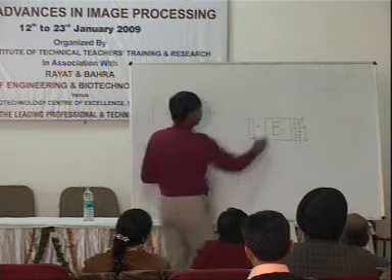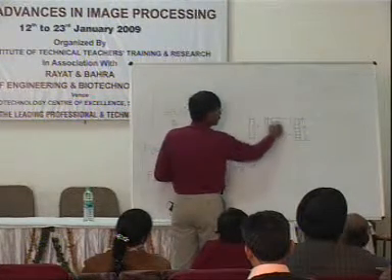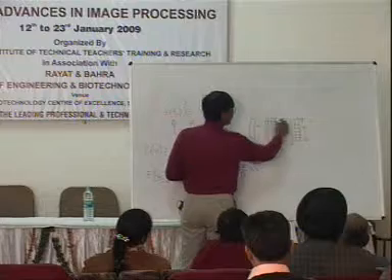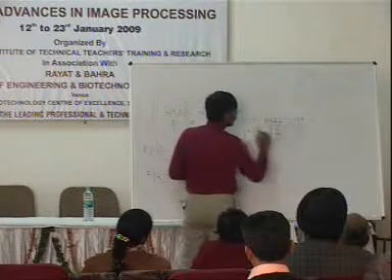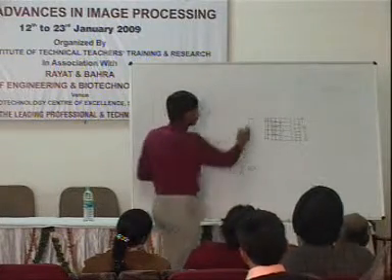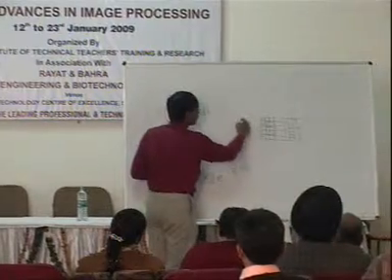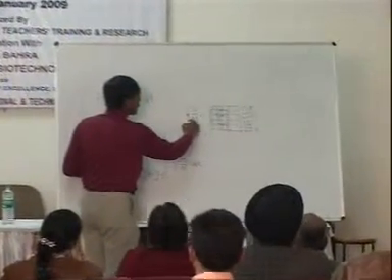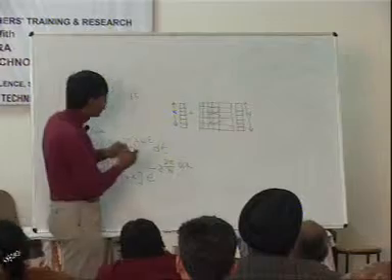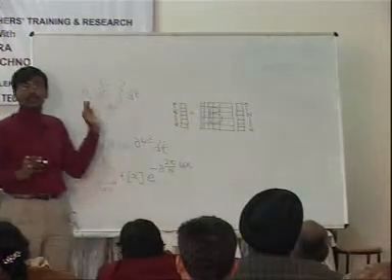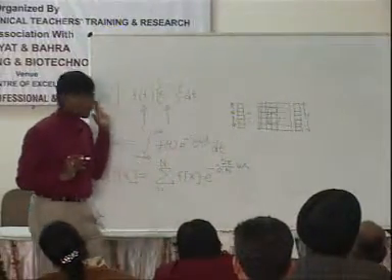I can imagine this as a set of basis vectors either like this or like this, depending on what interpretation I give to that. And I get another signal that is of the same size. Now, any transform I can put in this form. That's something that's interesting.